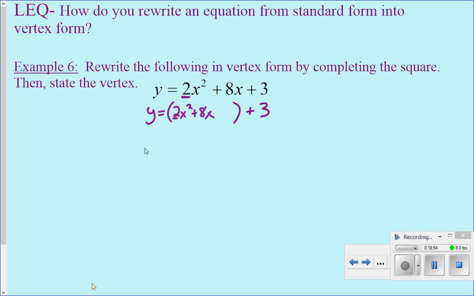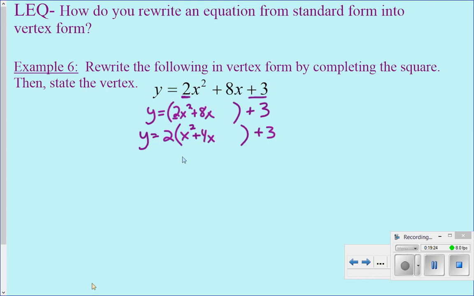Okay, so because a is 2, I'm going to factor out that a value. When I factor out a 2, I'm left with x squared, and I need to factor the 2 out of 8 as well, so plus 4x. Notice the positive 3, that constant, I did not factor a 2 out of that. That always just stays on the end till the very end of the problem.